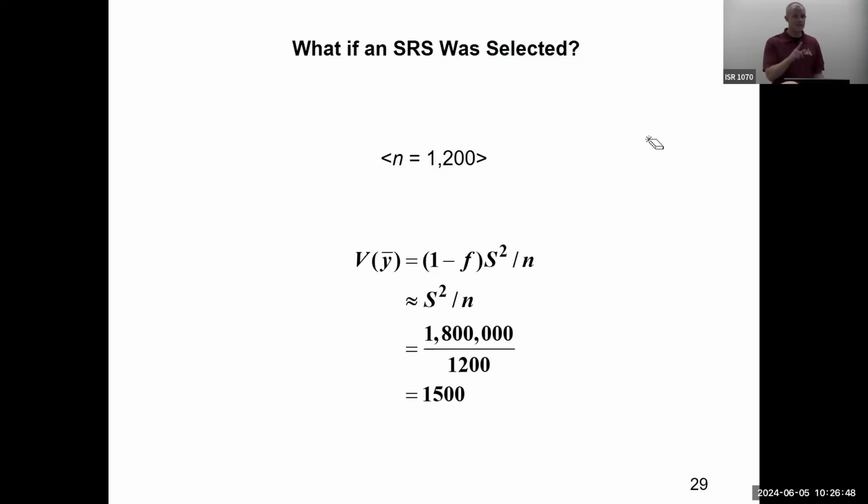But that S squared combines between and within variance. So our simple random sample variance is going to go up relative to stratified sampling. Again, I'm ignoring the FPC. You see the calculation, 1,500. Theoretical variance. Before, it was 1,333.